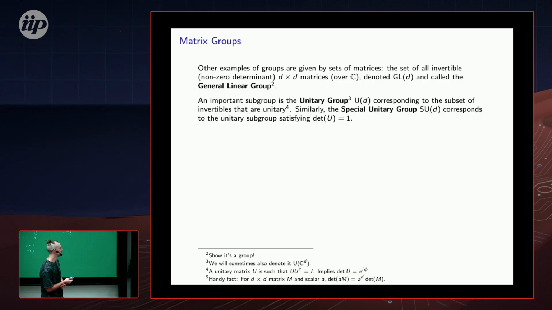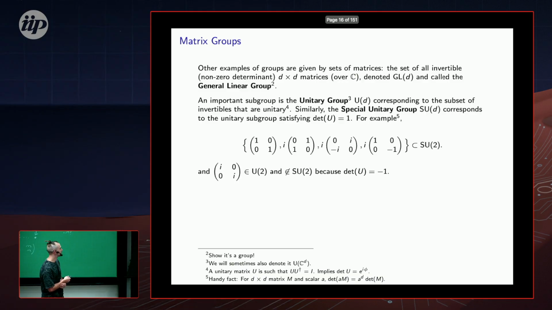Okay, so let's exemplify. These are the Pauli matrices: identity, but then I'm putting iX, iY, iZ there, and I claim this is a subset of SU(2). All of these matrices, so the identity and iX, iY, and iZ, are elements of SU(2). To see that, we need to test whether they have determinant 1 or not.